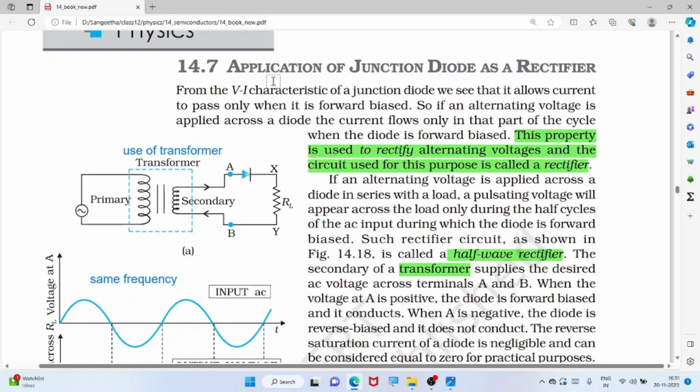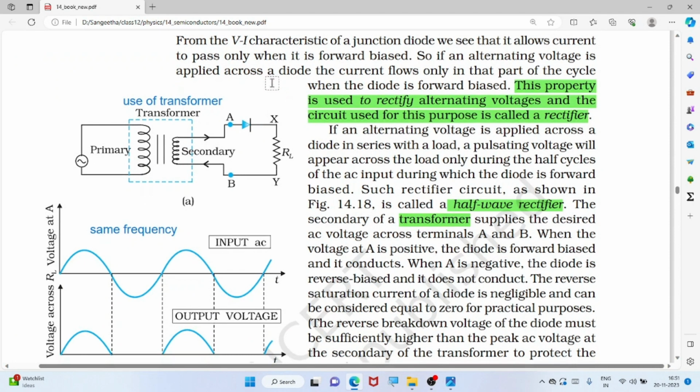Application of the junction diode. Here this is the circuit. We have a transformer here to step down the 230 volt; that is why we are using the transformer. Then we are connecting a diode. The diode conducts current in one direction only.